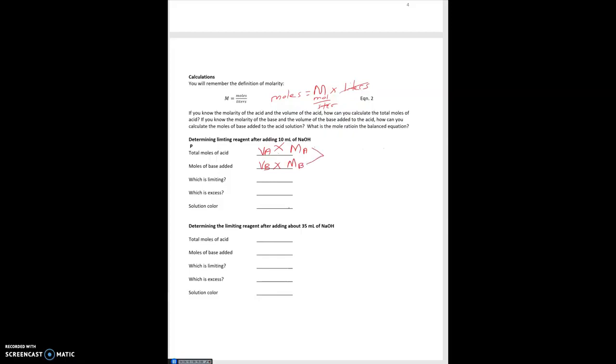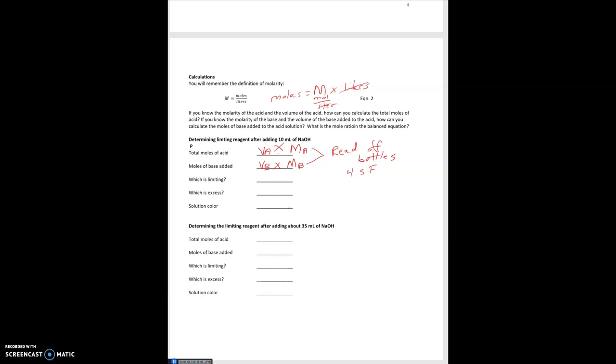These two numbers you're going to read off the bottles, and they should be 4 significant figures. Then you're going to decide, after you've added 10 milliliters of sodium hydroxide to the 25 milliliters of hydrochloric acid, which one is limiting, which one is in excess, and what the solution color is.